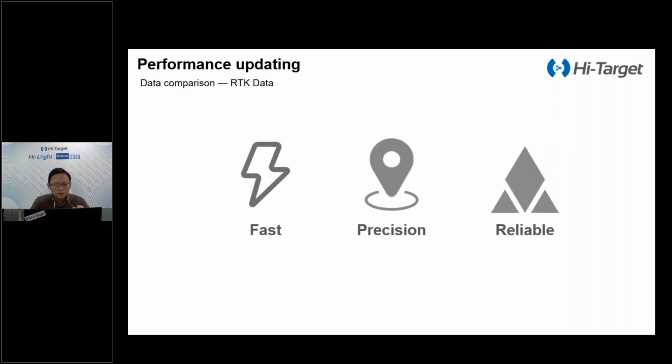Then we take a look at RTK data, because we have a good RTK algorithm inside, and we will compare them from these three aspects: how fast it can get a fixed solution while connecting from single status, how precise it can be when getting a fixed solution, and whether the result is reliable or not.